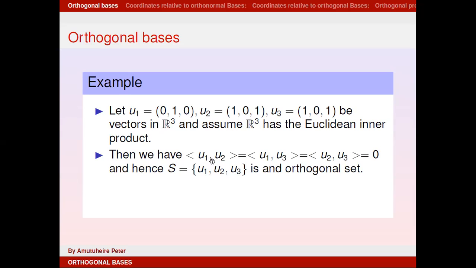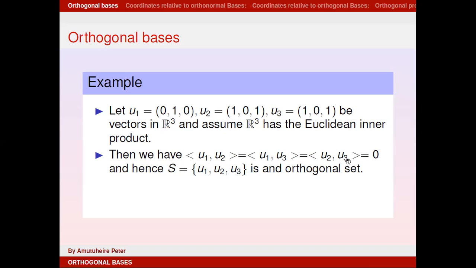How do we know that the inner product of u1, u2 is 0? We take a dot product of u1 and u2. Of course, it is 0 times 1, which is 0, plus 1 times 0, which is 0, plus 0 times the last component. So it gives us 0.